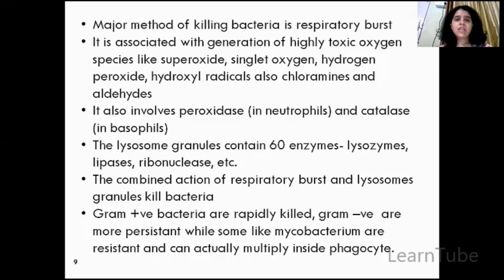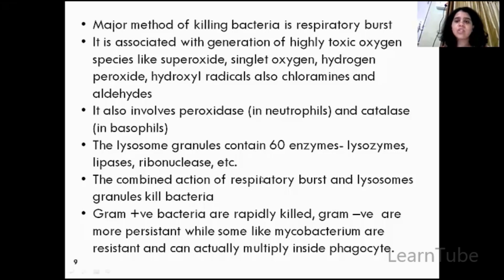The second part is the non-oxygen-dependent killing, which involves lytic enzymes present in the lysosomal granules. These lytic enzymes include peroxidase, catalase, ribonuclease, and lipase. They carry out the non-oxygen-dependent killing of the bacteria. The combined action of the respiratory burst and the lysosomal granules causes the final killing of the bacteria.